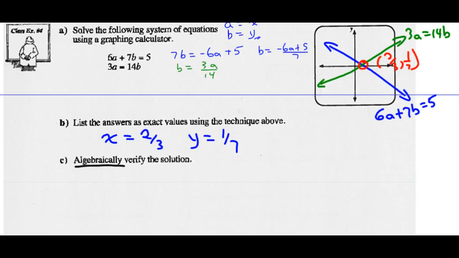All right. So our solution says x is 2/3, y is 1/7. Our original equation didn't have any x's and y's, so what we really should have put here is a is 2/3 and b is 1/7. All right. So let's verify this with a is 2/3 and b is 1/7 back in our original equations.